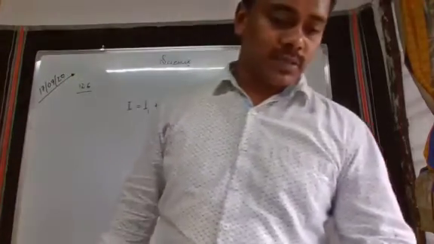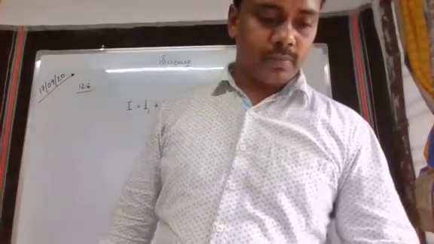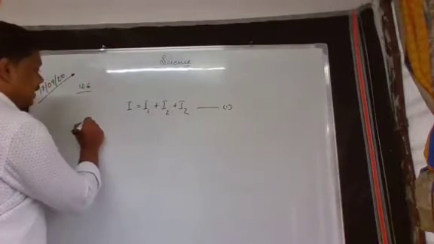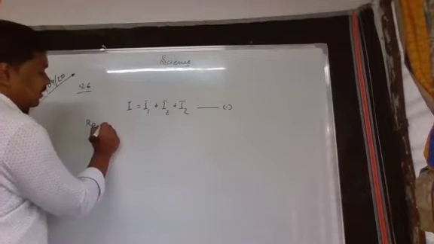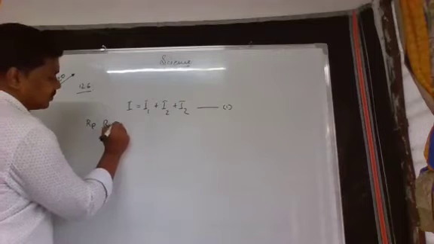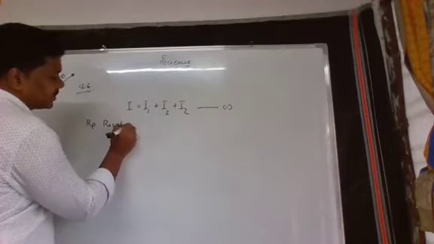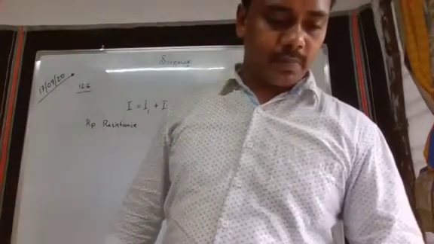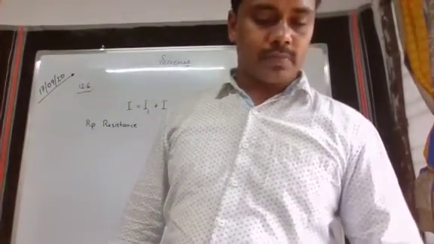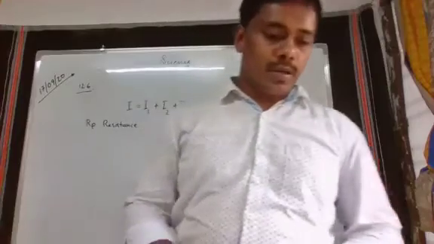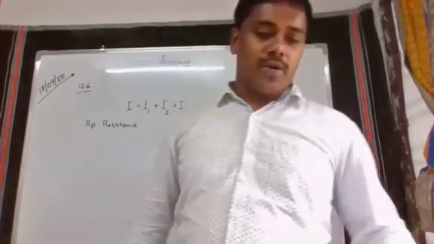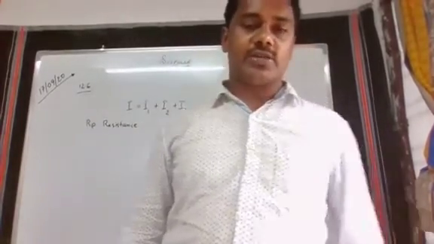And we are taking RP as the equivalent resistance, or total resistance, of the parallel combination of resistors.